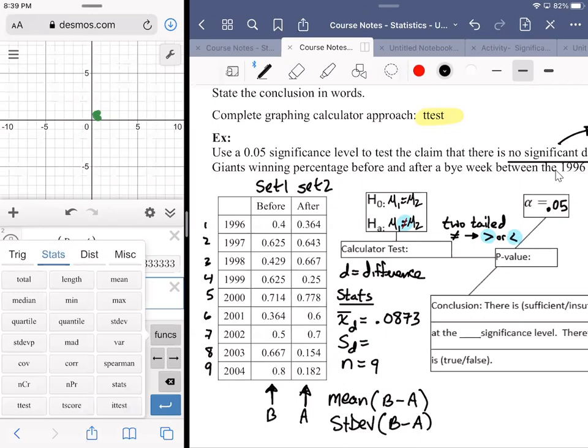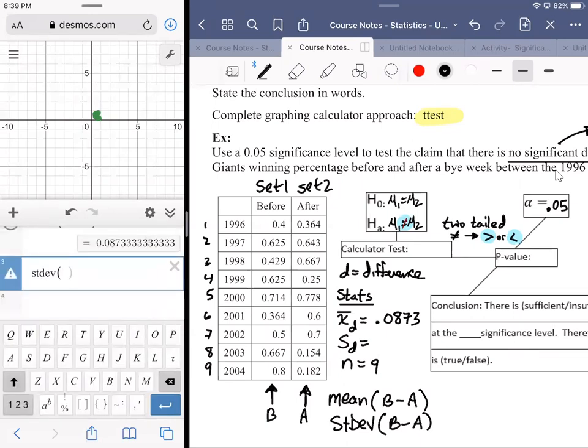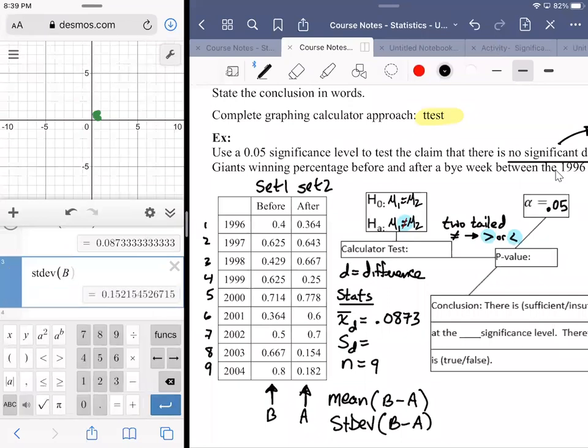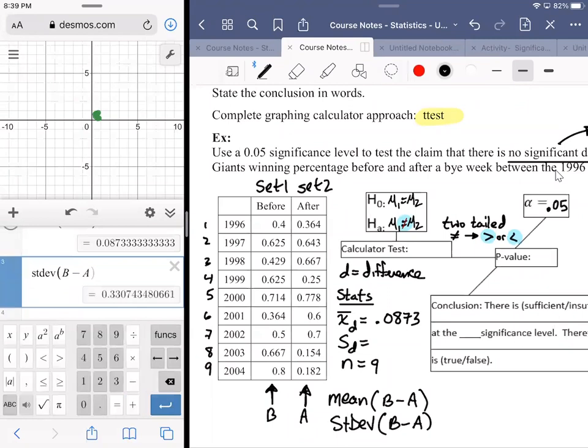So standard deviation, not the population one, but the typical sample standard deviation, B minus A. B for before, A for after, but whatever it is that you title your columns, that's what you're putting in the parentheses. In this case, 0.331.